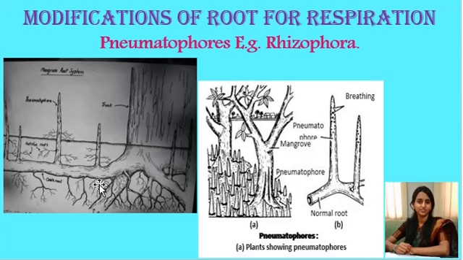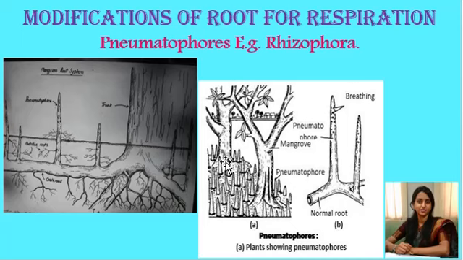The roots of plants growing in estuaries do not get sufficient oxygen because of the higher salt concentration. Therefore, in these estuaries, some of the secondary roots grow vertically upward.